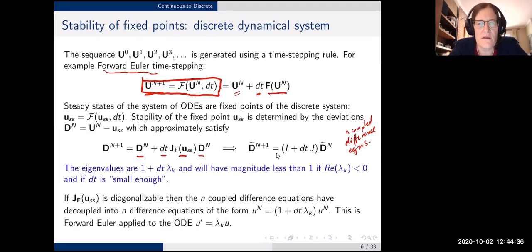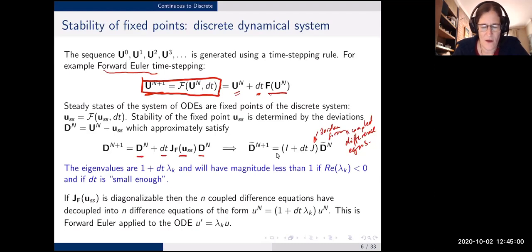Because you have only one Jacobian, you can carry out the entire Jordan canonical form theorem, and you now have a new system. This is Jordan form. And if you're lucky, it's actually diagonalizable.